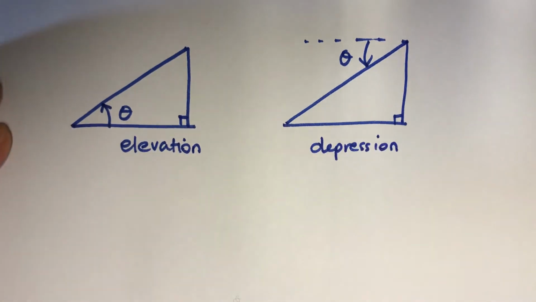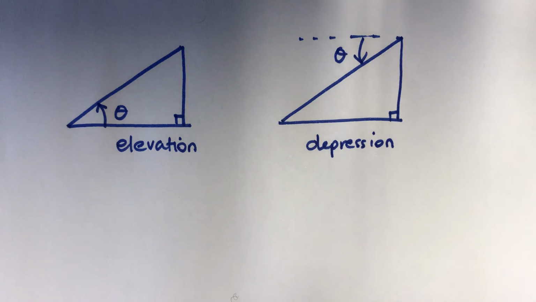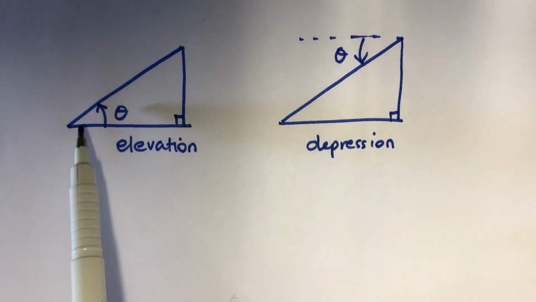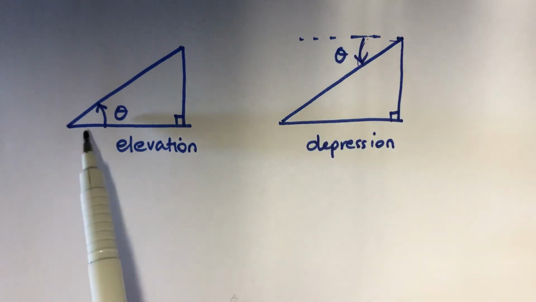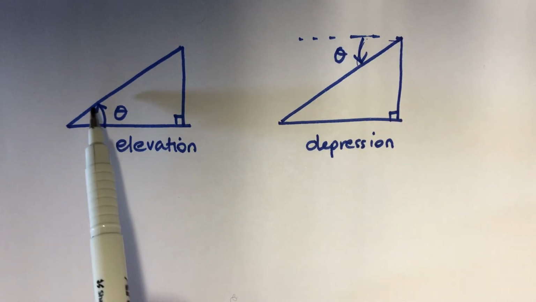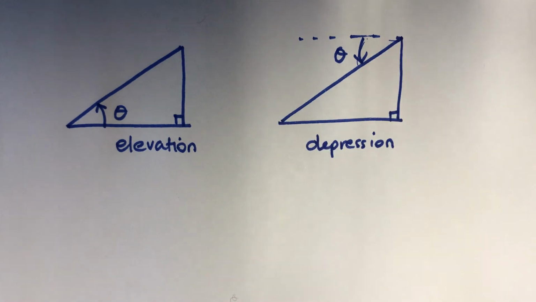Now, the first thing you notice is that we're using a right angle triangle. Elevation and depression are all about right angle triangles. We're still on a right angle triangle, guys. And what you notice is that elevation and depression happen on a straight line, from the ground, from the top, the ceiling or something like that.